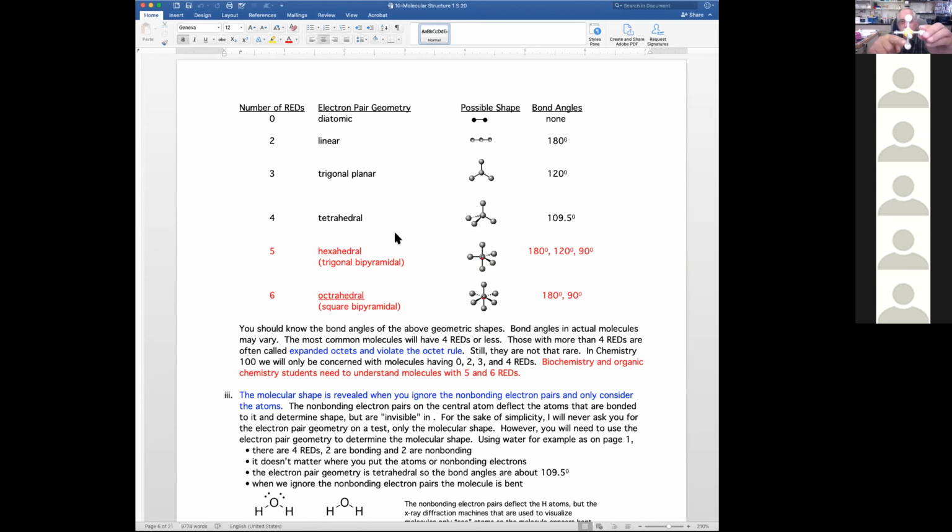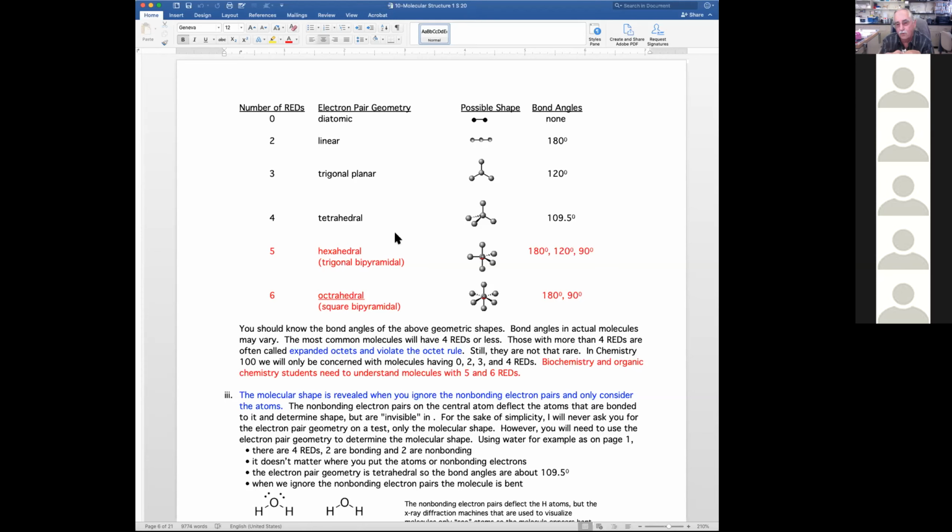So these 2 would cancel, but there's nothing to cancel this one. So it's a polar molecule. If I take off this other one, now it becomes linear and it's symmetrical. So it's a non-polar molecule.